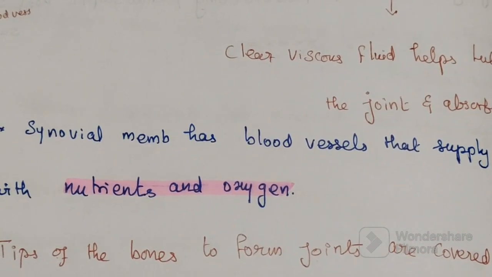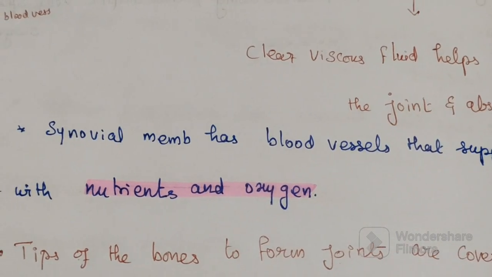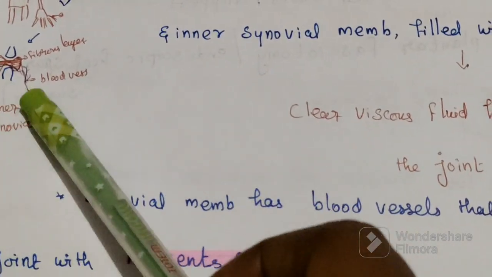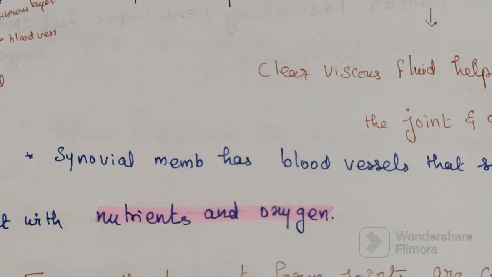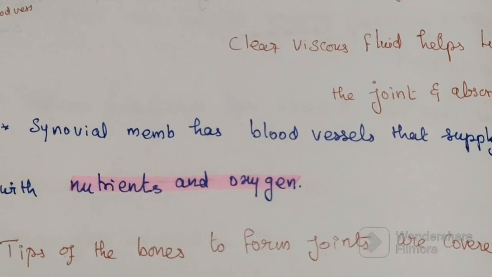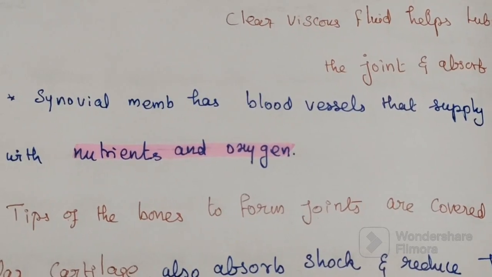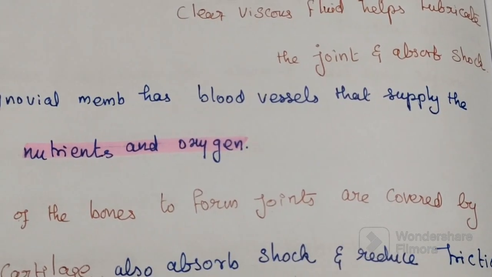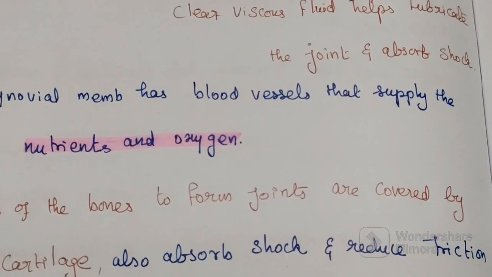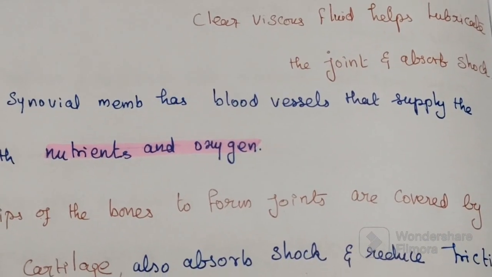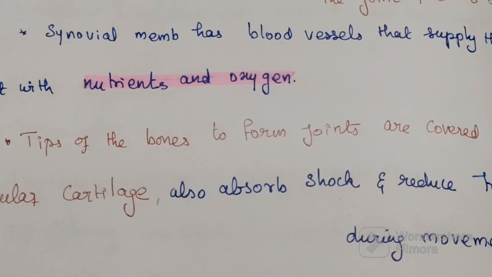The synovial membrane has blood vessels. What is their role? They supply nutrients and oxygen to the joint.